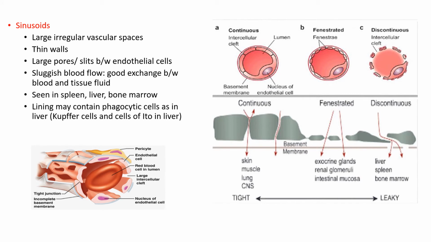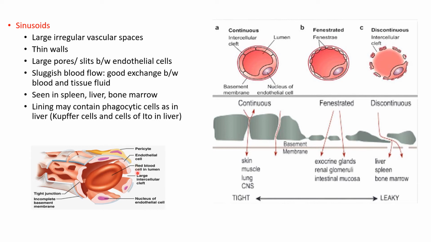Now the discontinuous capillaries, also called sinusoids. The sinusoids are large, irregular vascular spaces. The wall is very thin and you can see that there are large pores or slits between the adjacent endothelial cells.